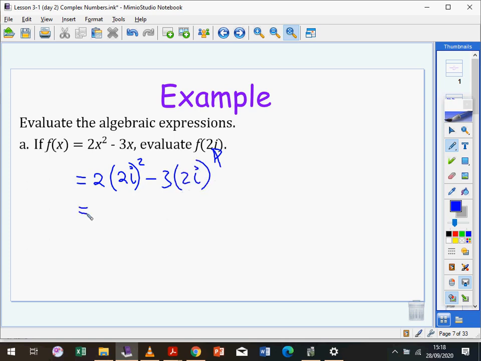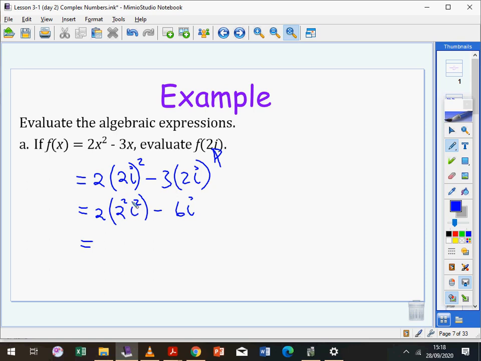Now, this is 2, open brackets, 2i squared is the same thing as 2 squared i squared, minus 3 times 2i, which, I hope you can see, is 6i. So really, these numbers are following the same treatment as real numbers. The only thing we need to look out for is that i is the square root of negative 1.